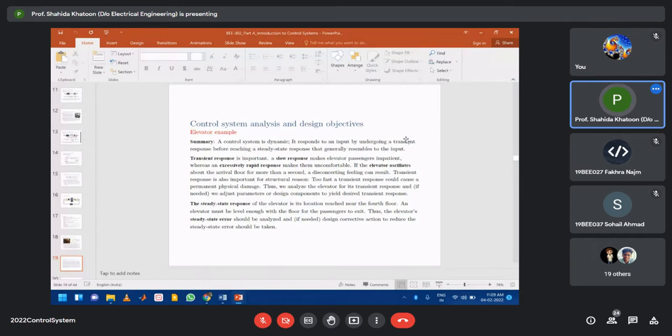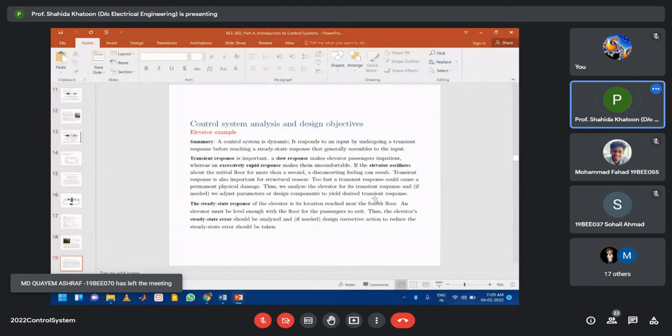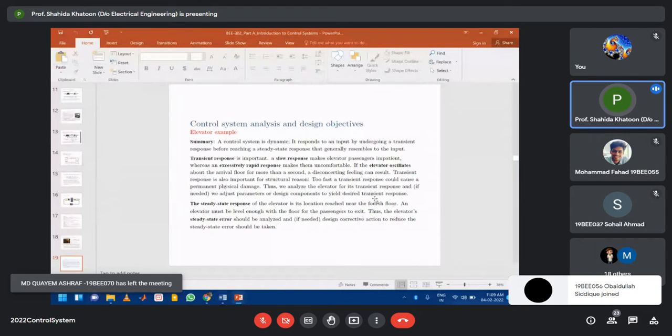So a control system is dynamic. It responds to an input by undergoing a transient response before reaching a steady state response that generally resembles the input. The transient response is important because a slower response makes elevator passengers impatient, while an excessively rapid response makes them uncomfortable, right?